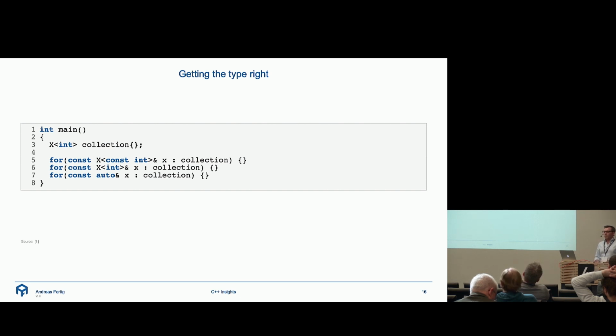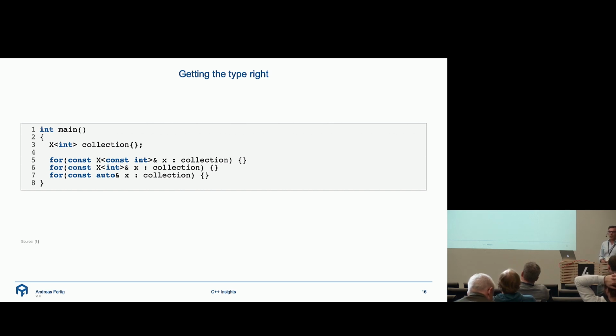So the first range-based for loop says that the range initializer is of type const X, const int. And this is not the type we used before when we declared collection. So this is obviously wrong. The second one, on the other hand, uses const X int.